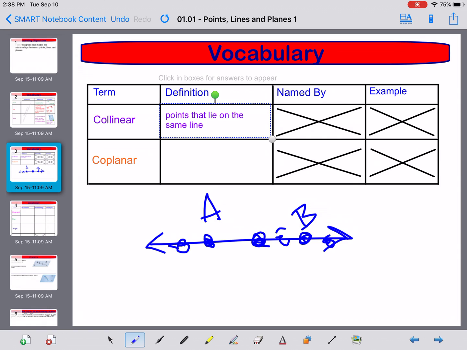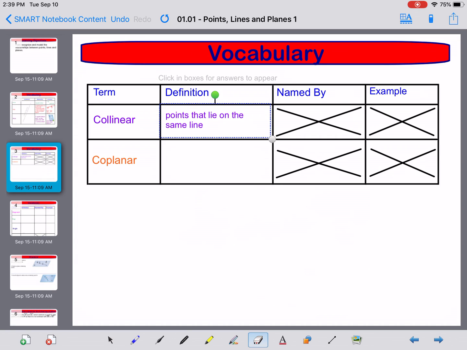So all of these points are still collinear. Now the second I take one off the line, let's call this F, point F is non-collinear because it's not on that line with the ones that are on there. Okay, makes sense. And so if collinear is points on the same line, coplanar is points or lines that lie on the same plane.